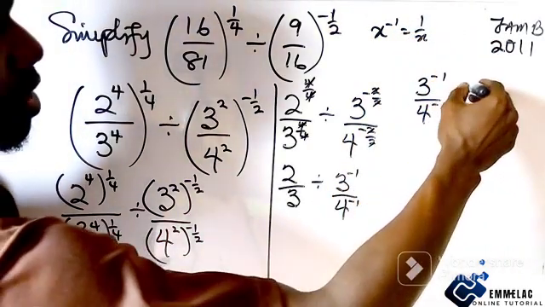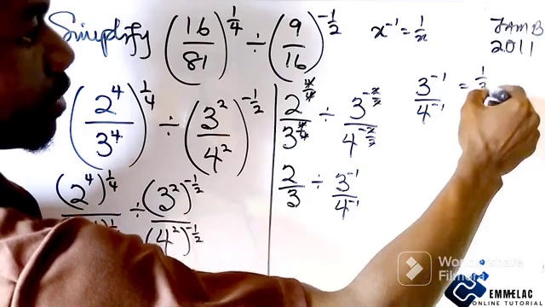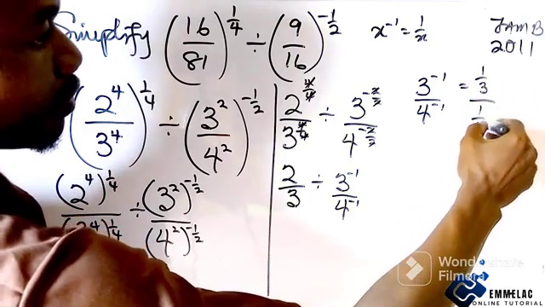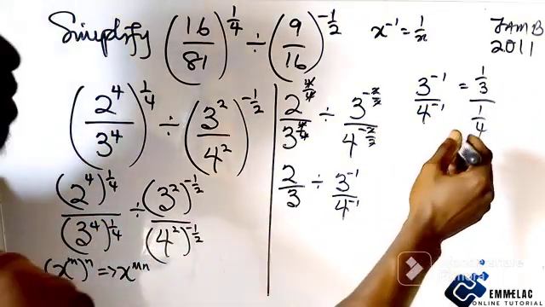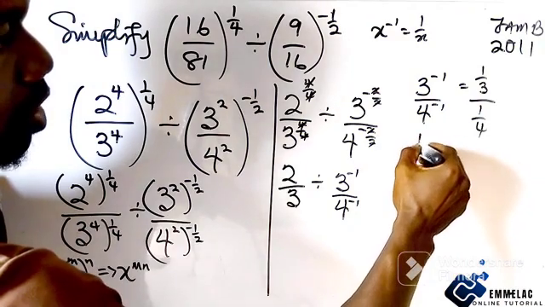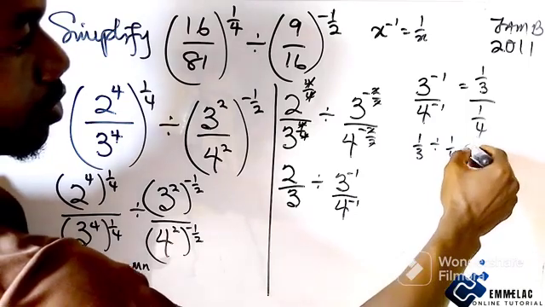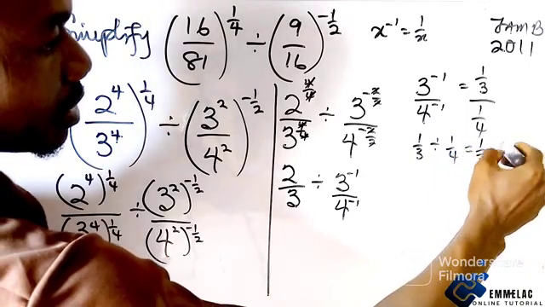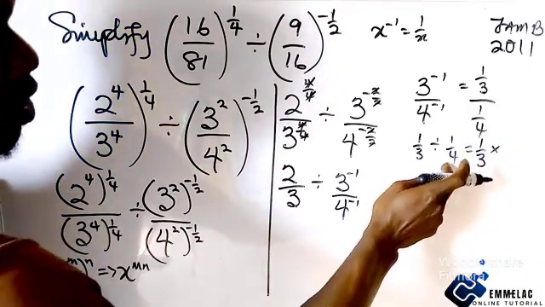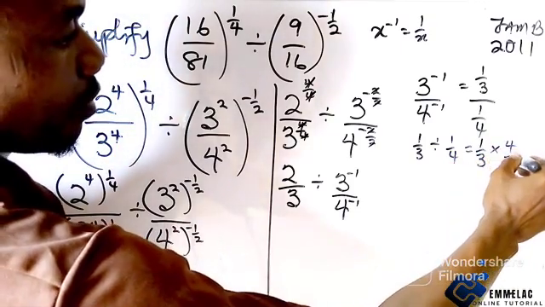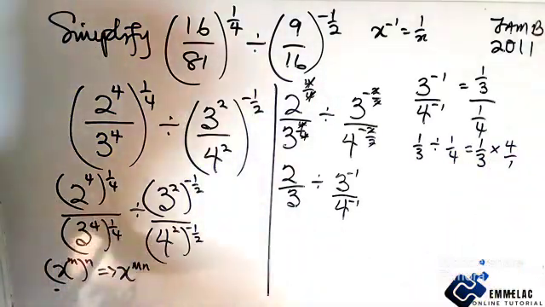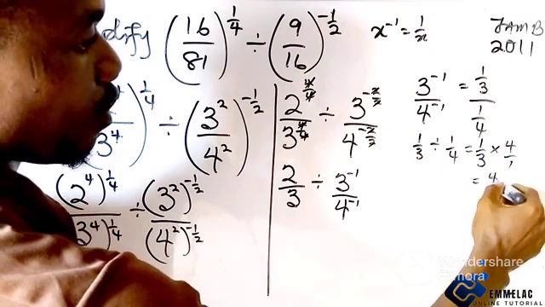Now you can see this is 1 over 3 over 1 over 4. This is the same thing as saying 1 over 3 divided by 1 over 4, which is 1 over 3 times, changing to the reciprocal of this, 4 over 1. So at the end of the day, you have 4 over 3.